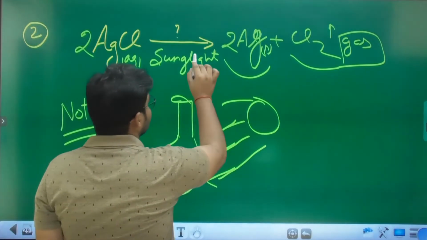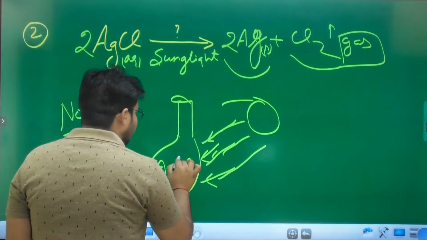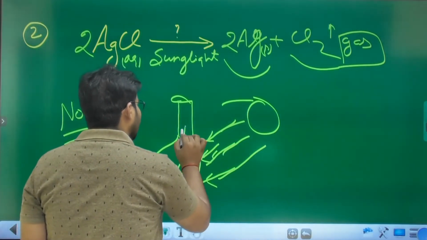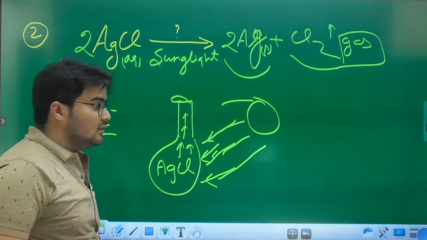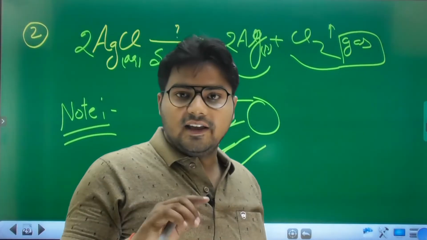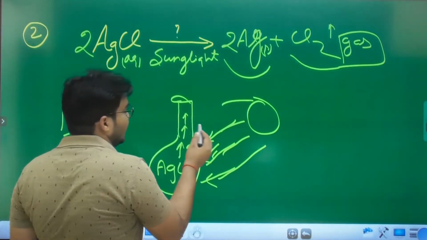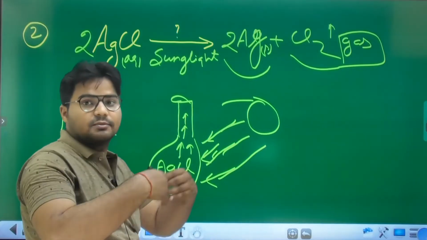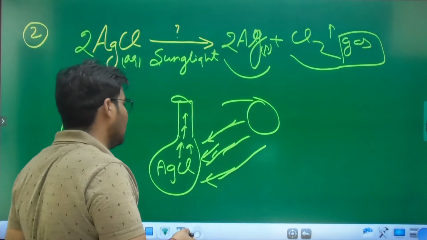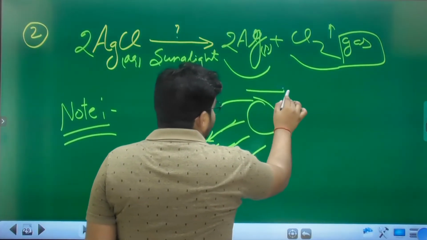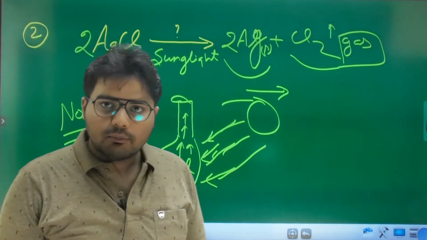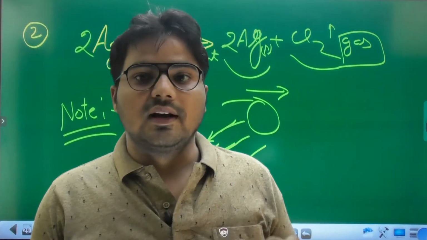Suddenly the process starts, and in the tight bottle chlorine gas is formed, and it is very important to keep AgCl bottles in the dark.